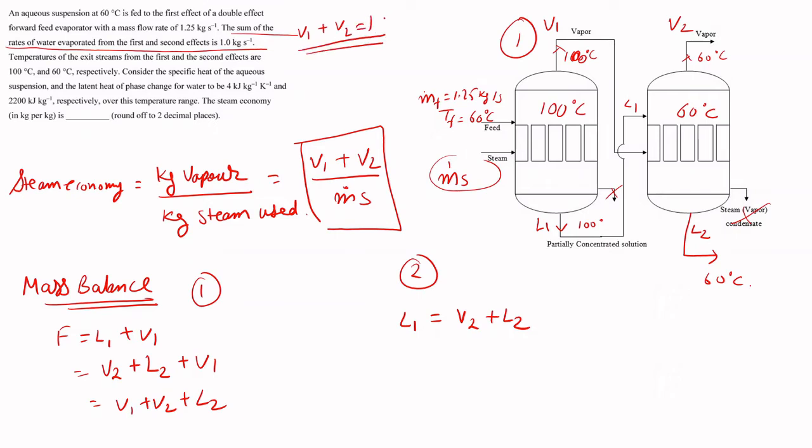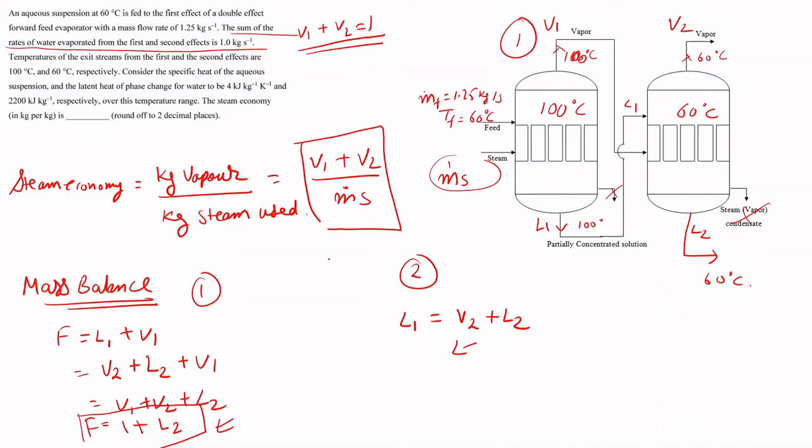So we will replace it over here, and we get F is equal to 1 plus L2. We will be using all these equations to find the steam economy later on.